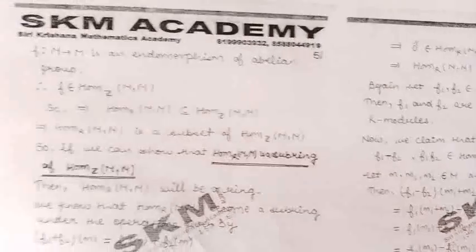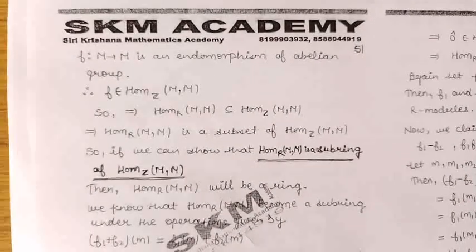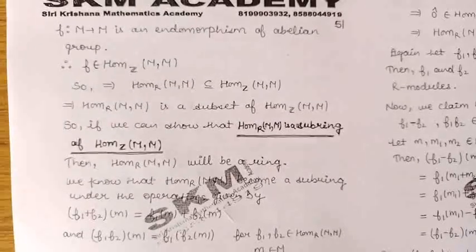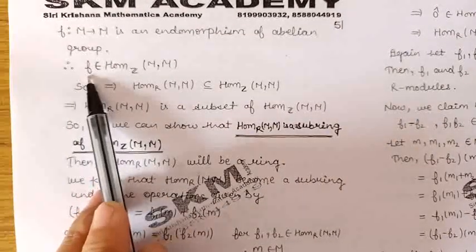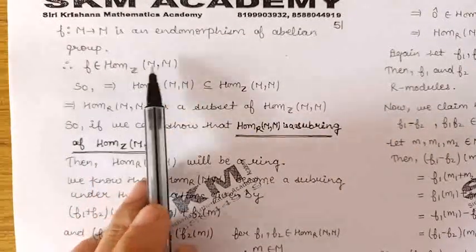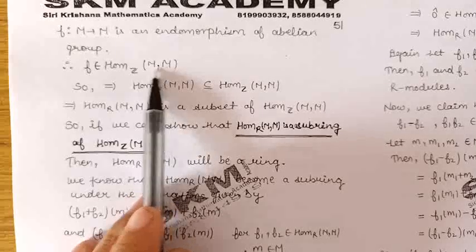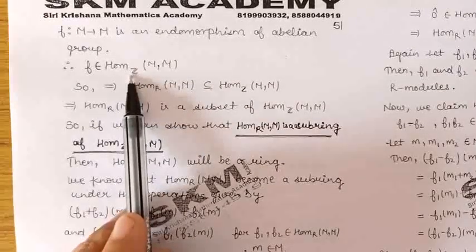Now, because F is an endomorphism of abelian groups, we can say that F belongs to the ring of endomorphisms of M over the ring of integers.